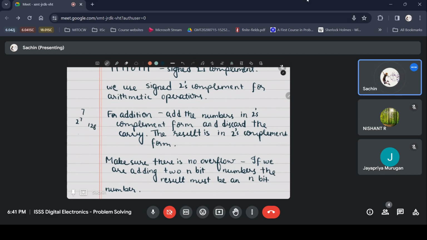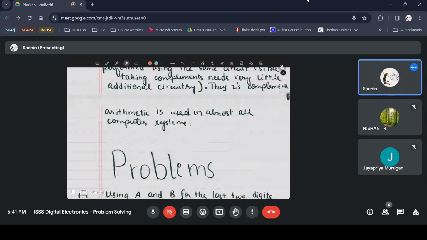If you are using a signed number format, half of these numbers, say 64 numbers, including 0 and positive numbers, will be positive, and the other half will be negative numbers. So you will only be able to represent from minus 64 to plus 63. So there's a 0 included. So it's 128 numbers. And if you add two numbers like 60 and 60, the result is 120, which cannot be represented with 7 bits because 63 is the limit. So you have to make sure that such a situation doesn't happen. You'll have to allocate more bits.